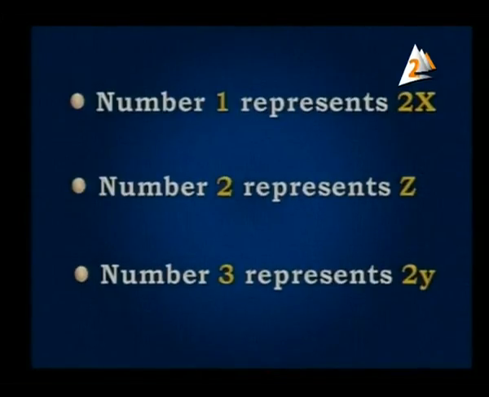Because number 1 represents 2x, since it is the type of compound called reactant. So it decreases from 100% during the chemical reaction to reach 0%. And we have the 2 products, z and 2y. Number 3 is 2y because it is higher than z in the curve.